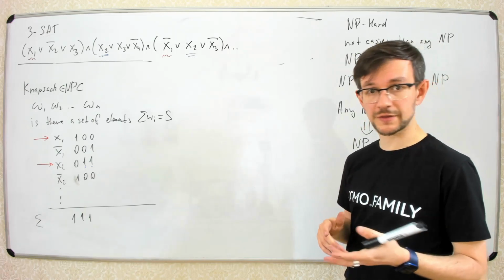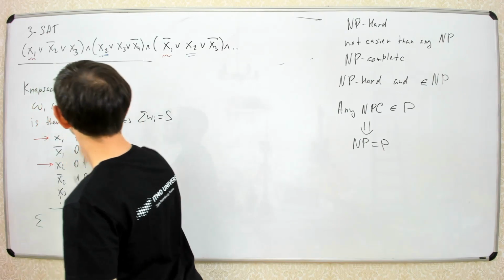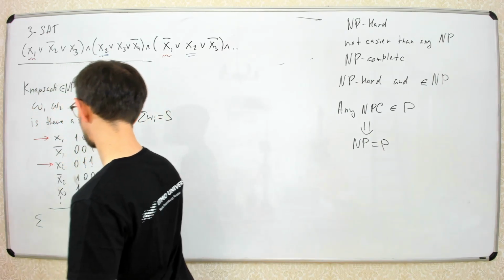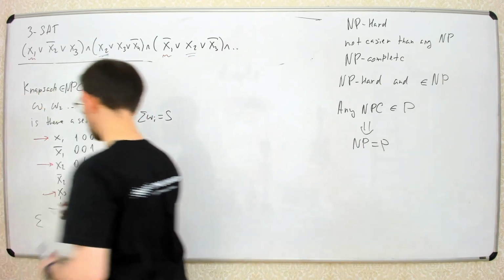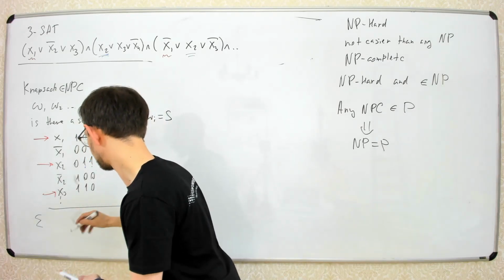But it's not always like this. For example, if you have this x3, which is 1, 1, 0, and you pick x3 equal to true, then here you will have 2, 2, and 1.